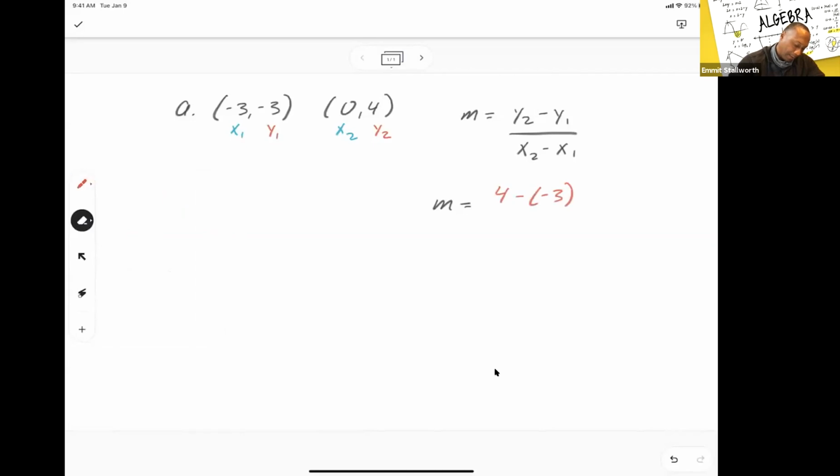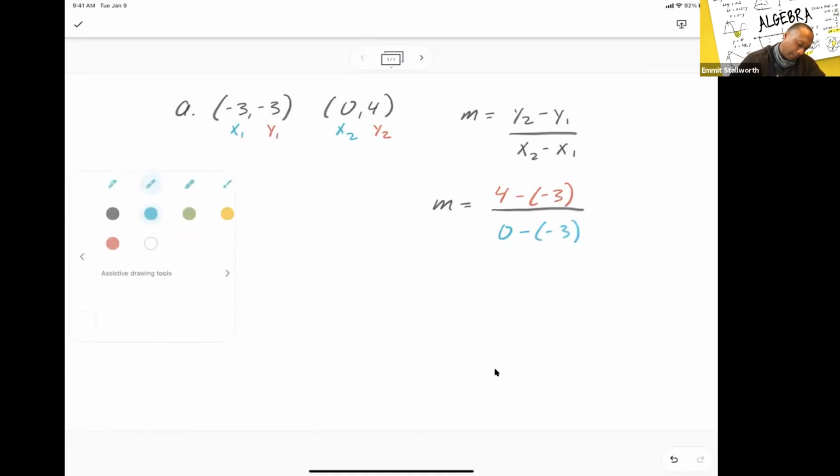And then we'll do the x's. We have x sub 2, which is 0, minus x sub 1, which is a minus 3.